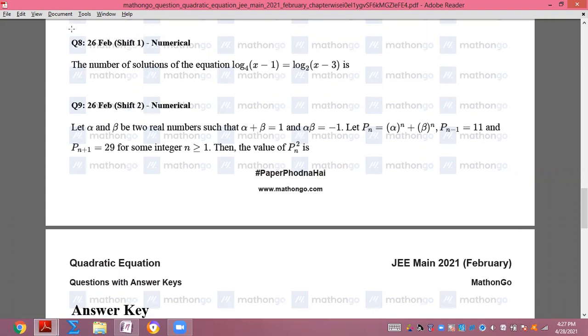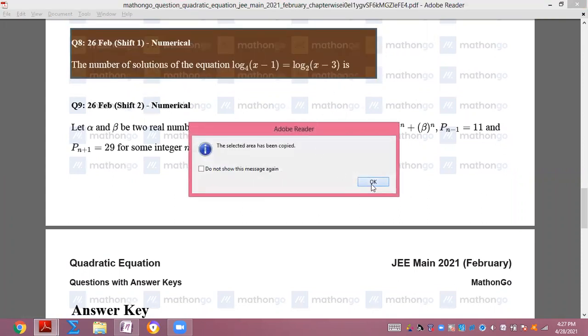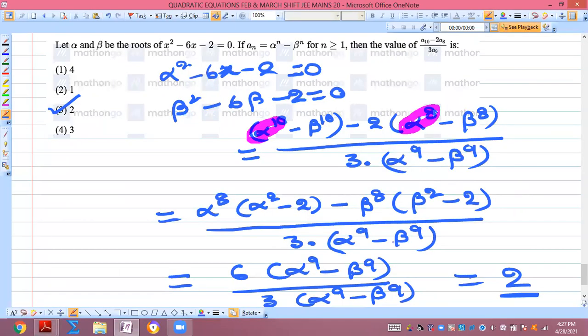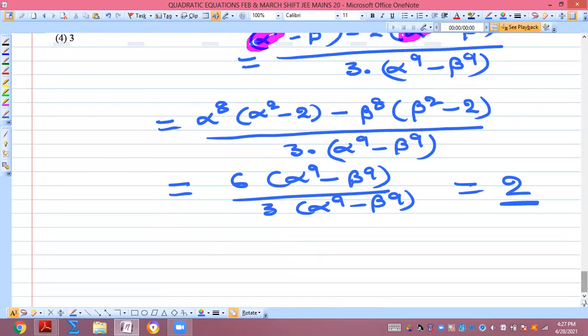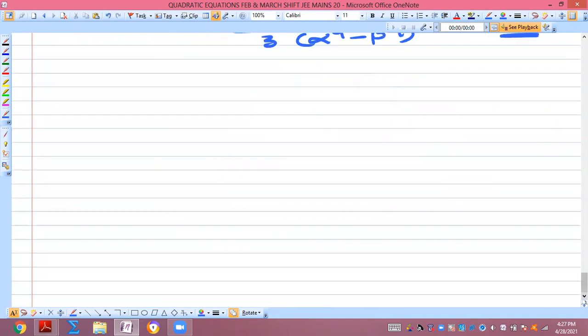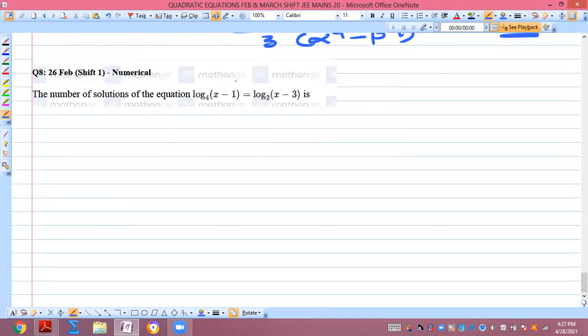Next, question number 8. This was numerical one. They're again asking a number of solutions. Number of solutions log base 4. So this I can write it as 2 square, which is 1 by 2.